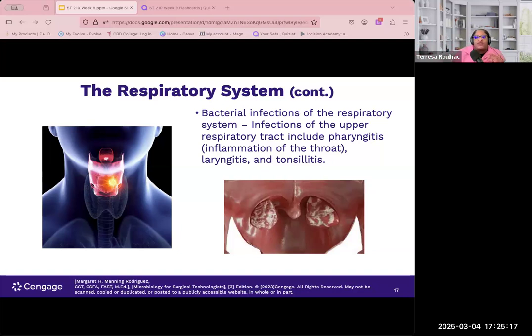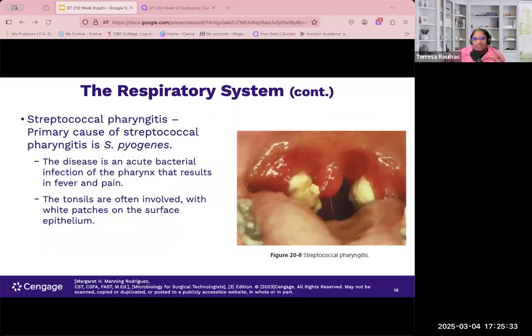You may be involved in a procedure dealing with the voice box, or in a case where you're creating something to help with pharyngitis. Okay. So just kind of understanding what the case is will help you to be able to set up what you need.